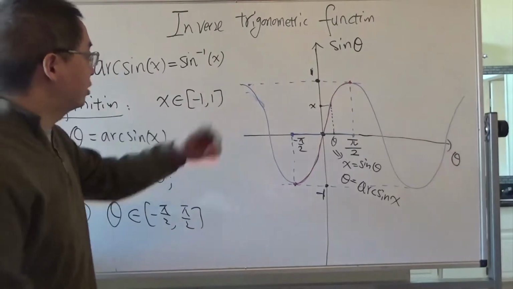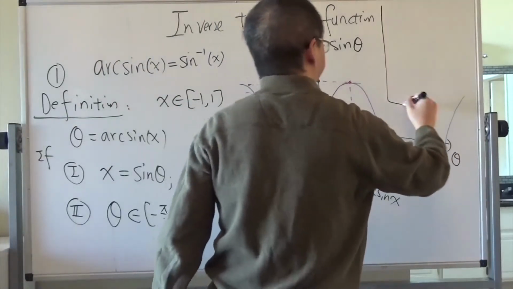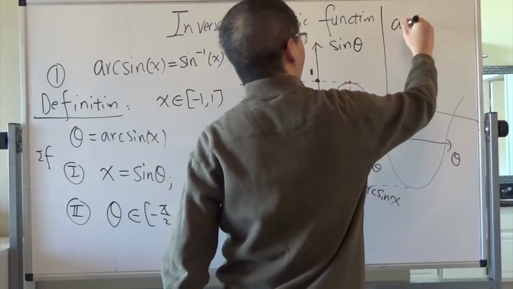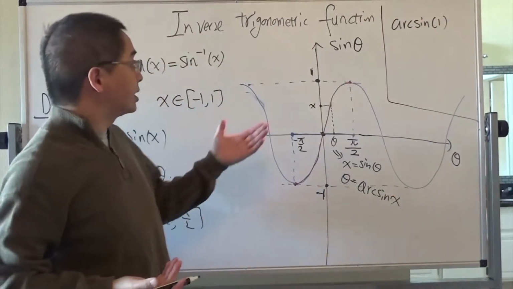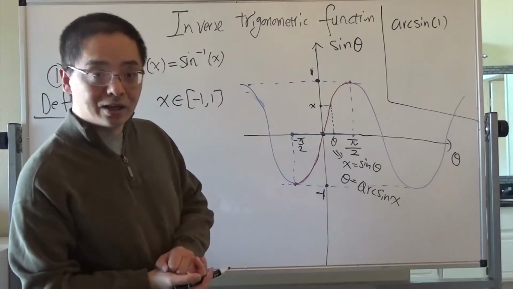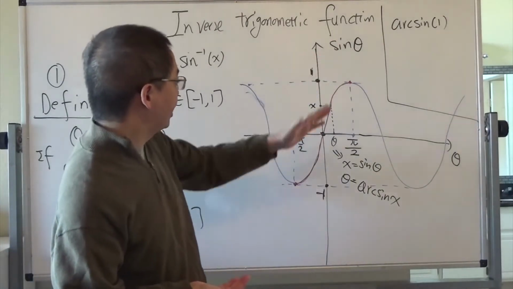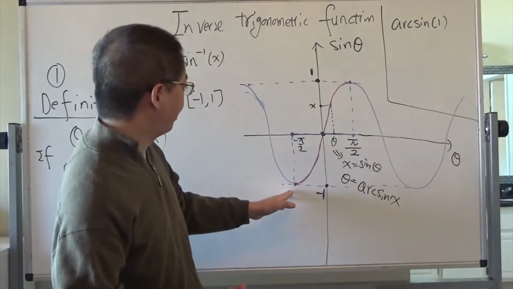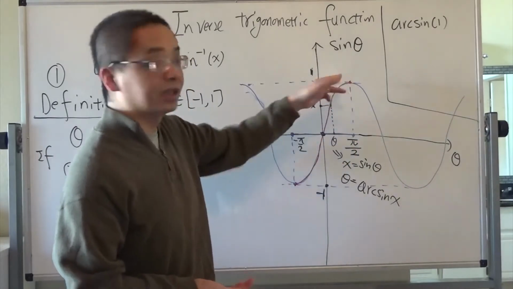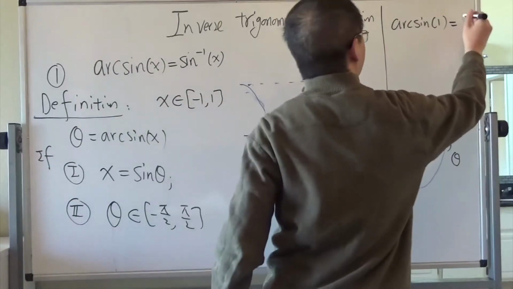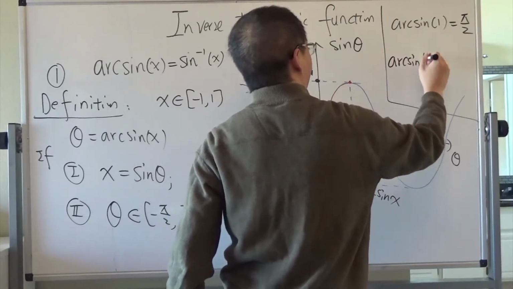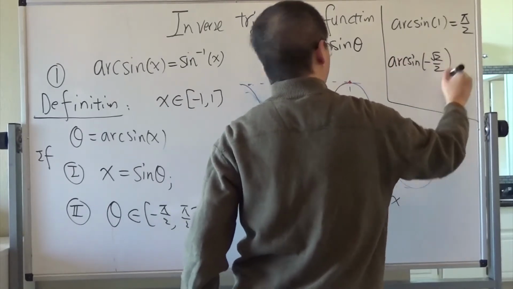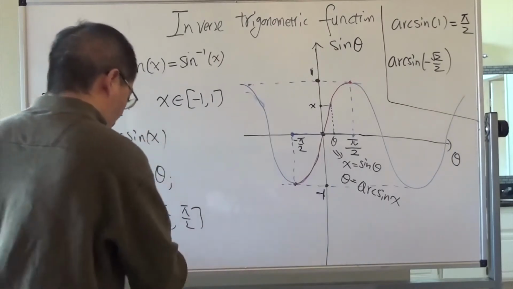For example, let's go here. If I have arcsine 1, the value of the sine is 1, within -pi/2 to pi/2, then of course it's just pi/2. This one equals pi/2. Then how about arcsine of negative square root 2 over 2, which is right here?